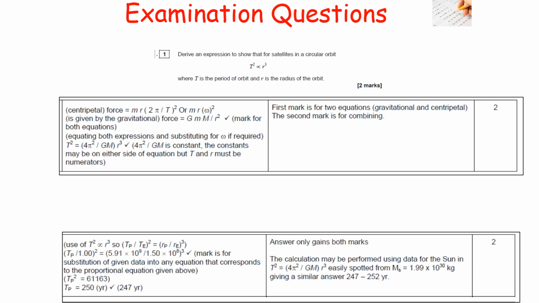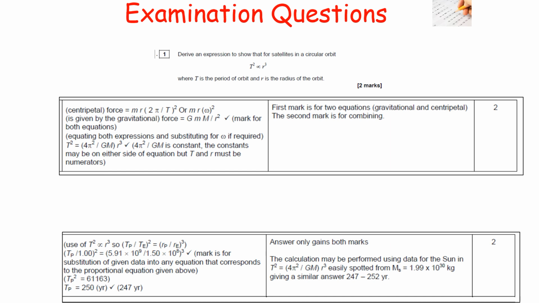Now the next question. If we know that T squared is directly proportional to r cubed, we can use that in our proportionality. So we can say that T1 over T2, all squared, is equal to r1 over r2, all cubed, because they're directly proportional to each other. We're given the time period of the Earth, because we know it to be 1 year. You might think, why are we using years in this question and not seconds? Well, it's because it's a ratio, T1 over T2 and r1 over r2, so as long as we keep the same units, it should work through.